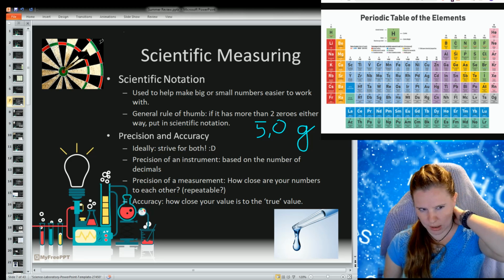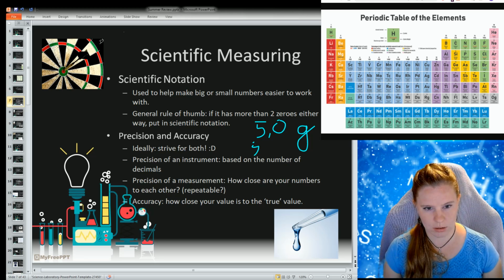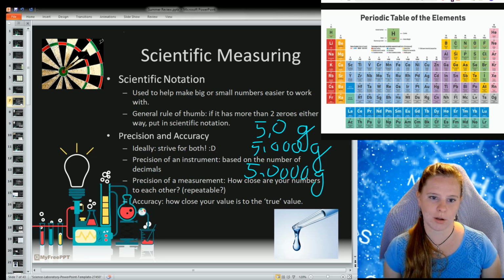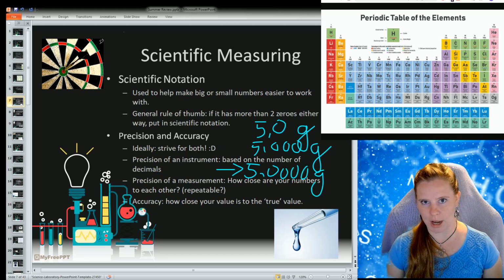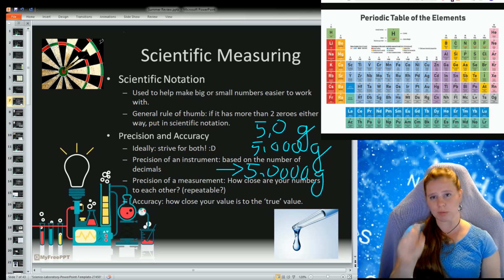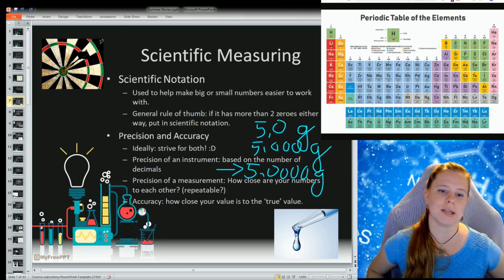In my scales in the lab, you can get 2 or 3 decimals, okay? So my scale in the lab might weigh it out to here. And a really, really precise scale in a bigger lab might even give you 4 decimals here. Okay, so this one is more precise than this one up top. So for an instrument, the more decimals, the more place values that instrument gives you, the more precise it is.